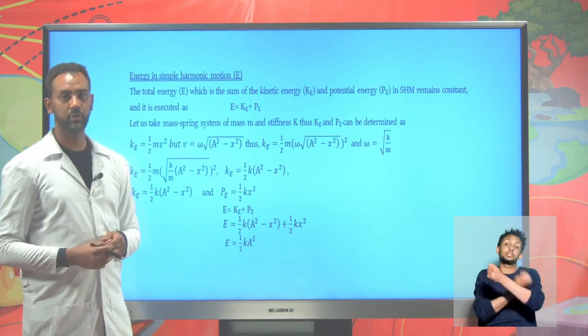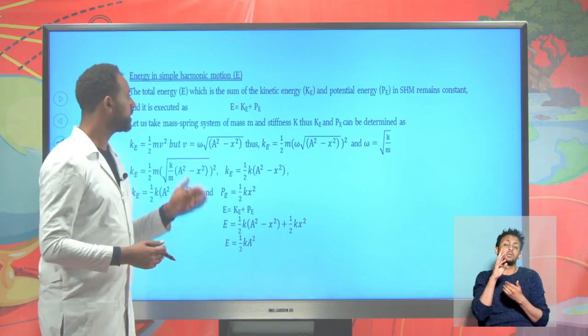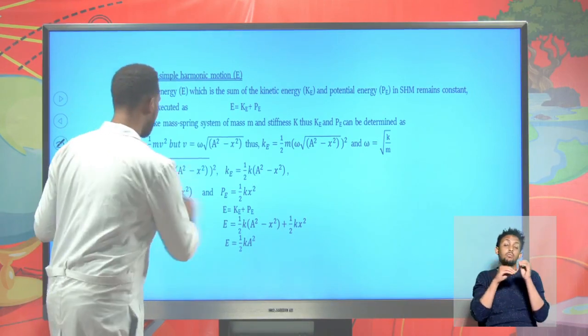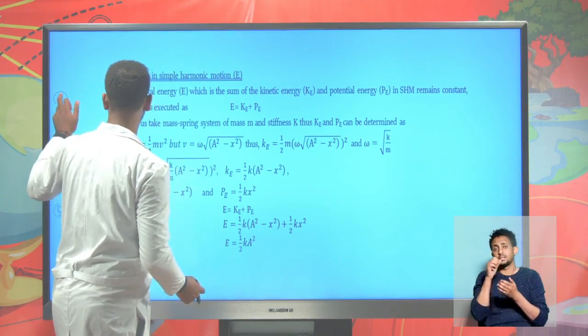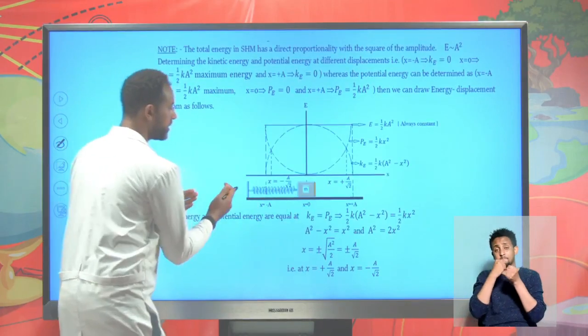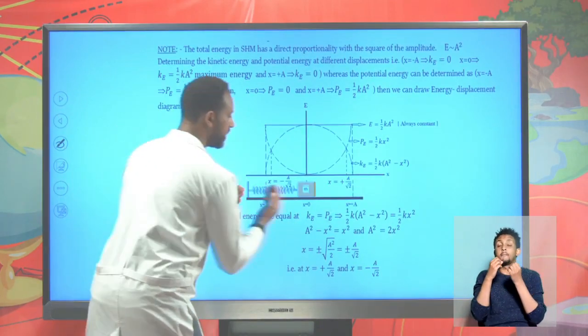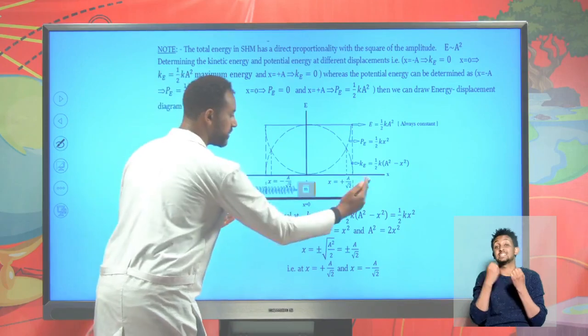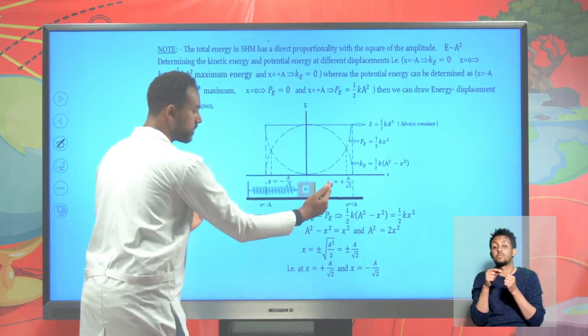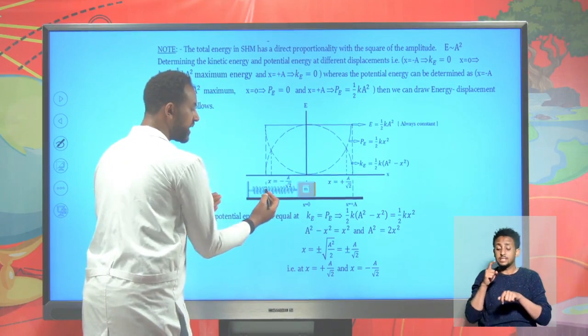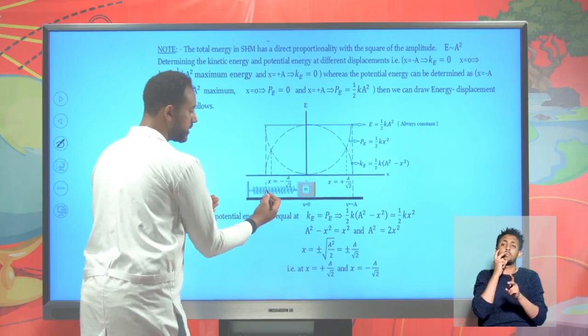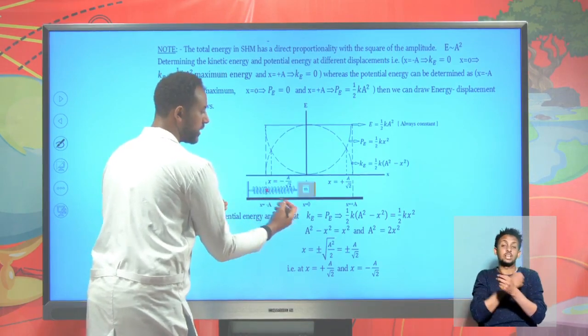Energy in simple harmonic motion. Let's see energy in simple harmonic motion. We can take a mass spring system or a simple pendulum as well. For example, here we have a mass spring system. As this mass spring system in SHM oscillates here and there, sometimes it has maximum possible potential energy, like at the amplitude here and there.